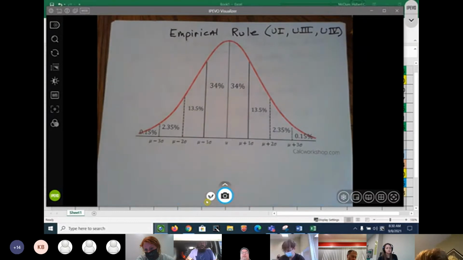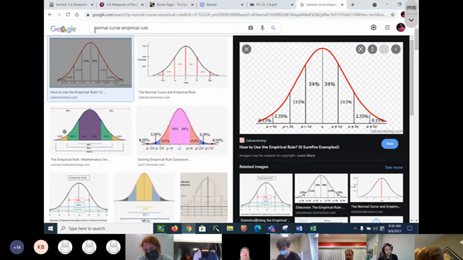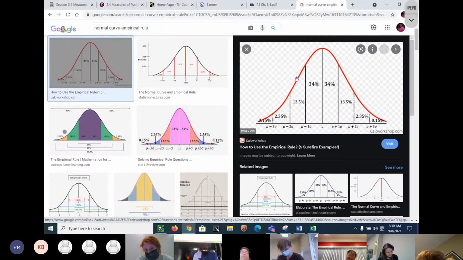And the best way to learn it is to go to the web, go to Google, and look what I pulled up, and I want you to pull it up. Normal curve empirical rule. Well, I'll tell you what.